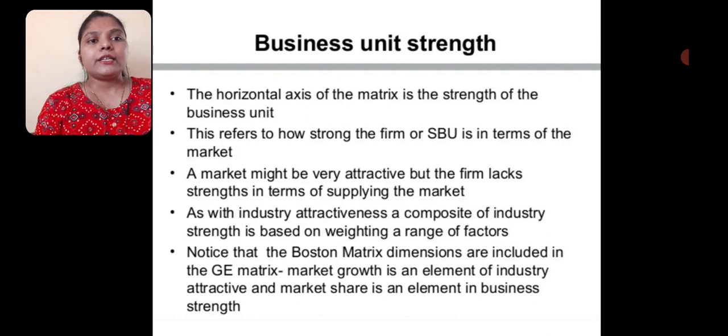As with industry attractiveness, a composite of business strength is based on weighting a range of factors. Notice that the Boston matrix dimensions are included in the GE matrix. Market growth is an element of industry attractiveness, and market share is an element of business strength.